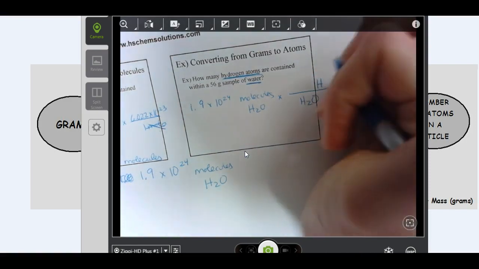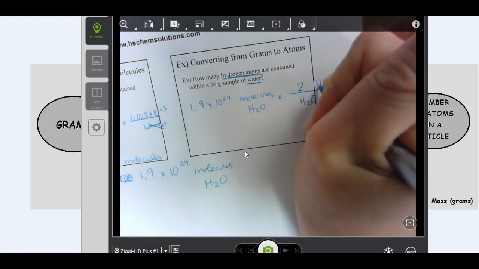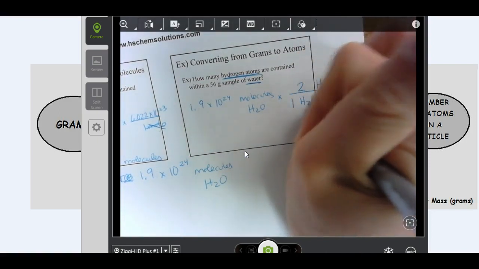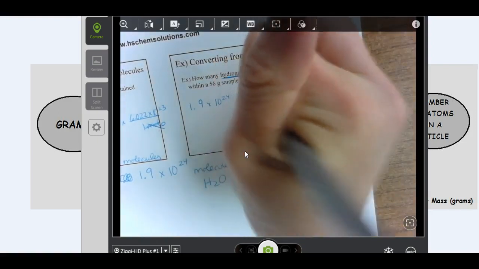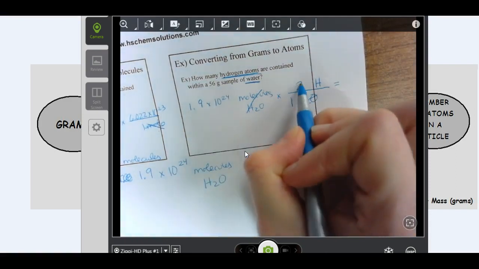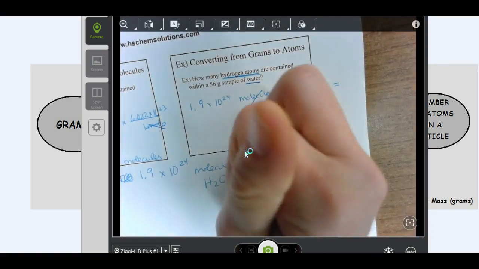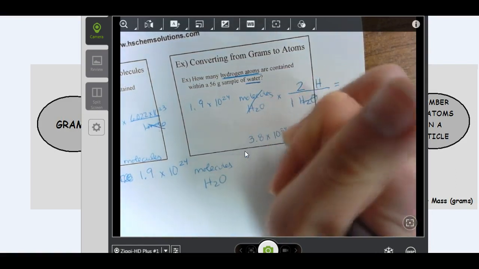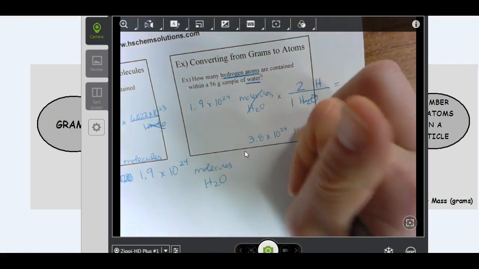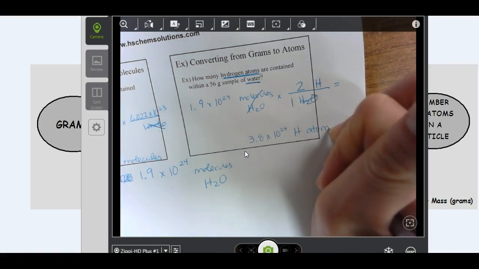And then you're going to look at your ratio. There are 2 hydrogen atoms in every one of those water molecules. So water molecules will cancel. I'll multiply by 2 and divide by 1. So that'll be 3.8 times 10 to the 24th. Twice as much, right? Hydrogen atoms.